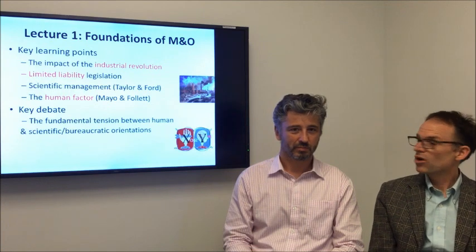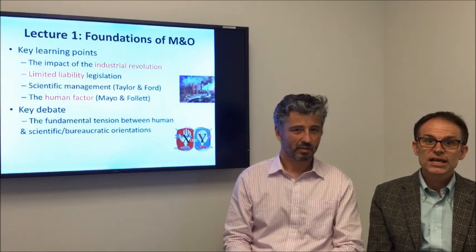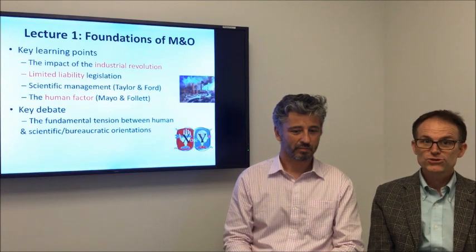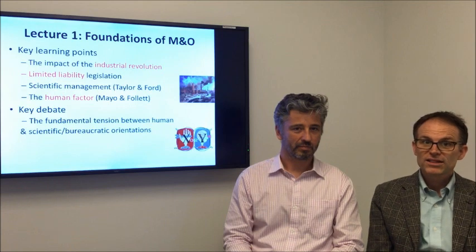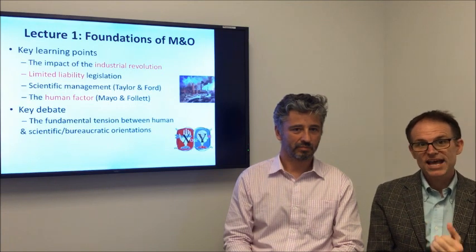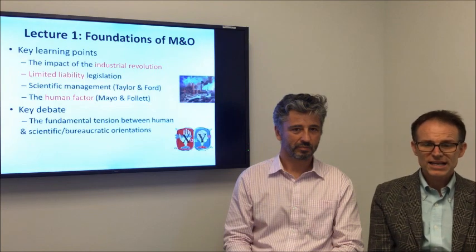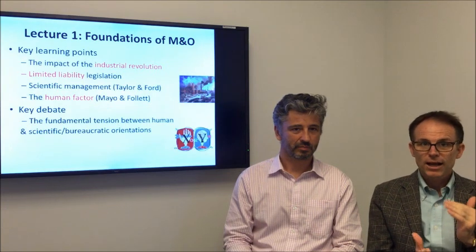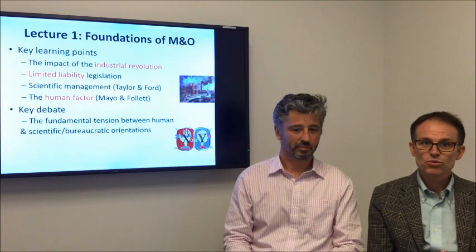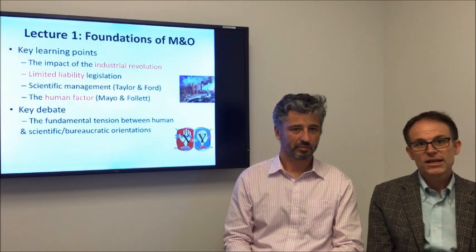Taylor. He was an engineer by profession, and in essence he tried to apply engineering principles to the management of people. This involved breaking tasks down to very small components so that they could be done exactly the same way each and every time. And so workers didn't have to be skilled in any way.